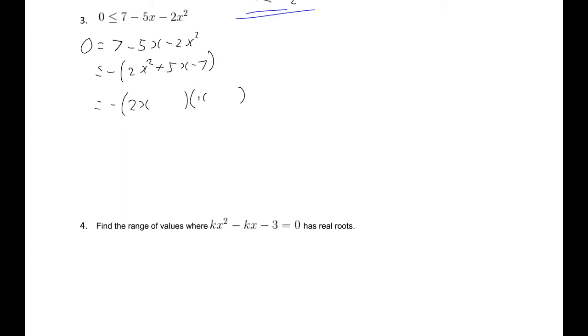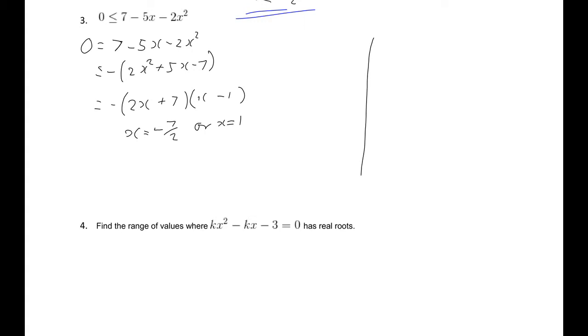We need that one to be 7 and that one to be minus 1. So we find that x equals minus 7 over 2 or x equals 1.